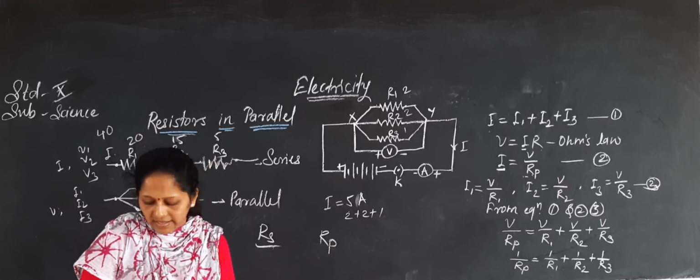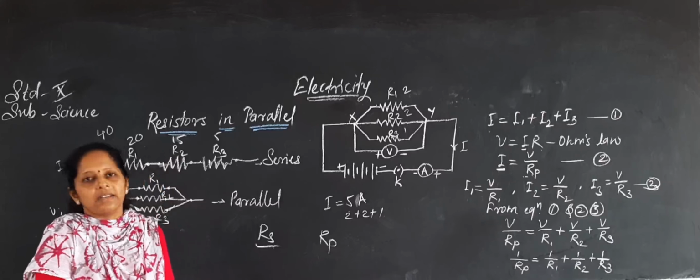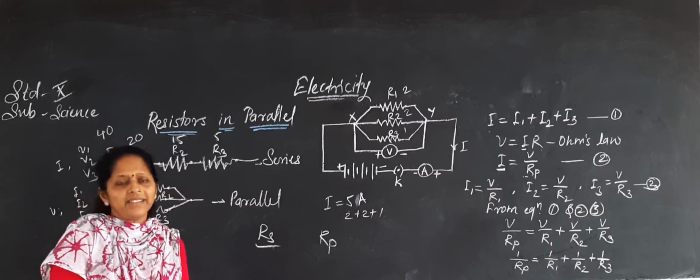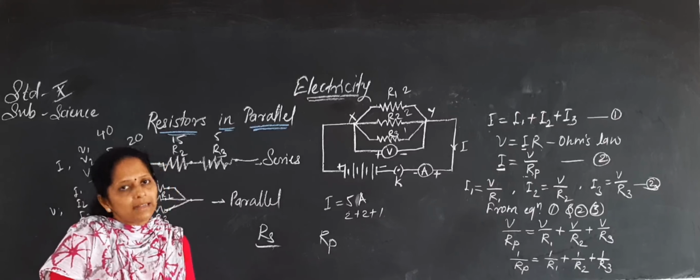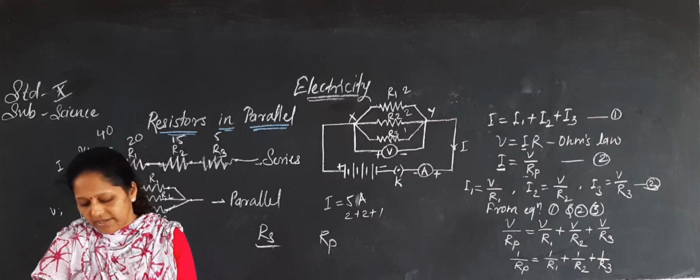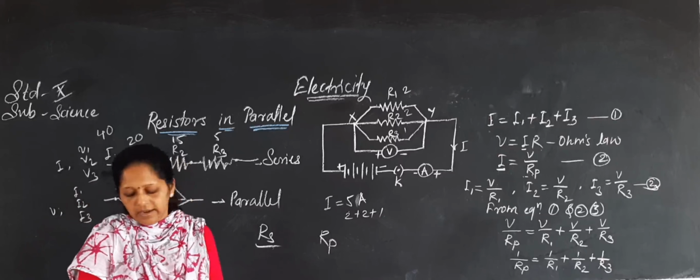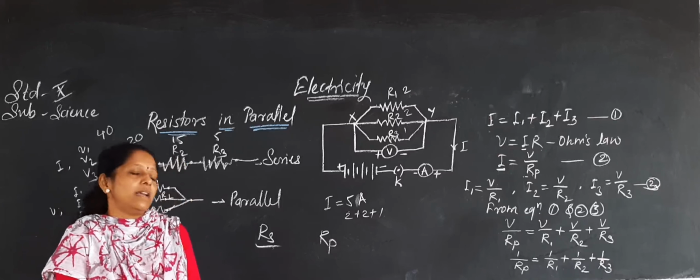Here, the reciprocal of the equivalent resistance of a group of resistances joined in a parallel connection is equal to the sum of the reciprocals of the individual resistances.